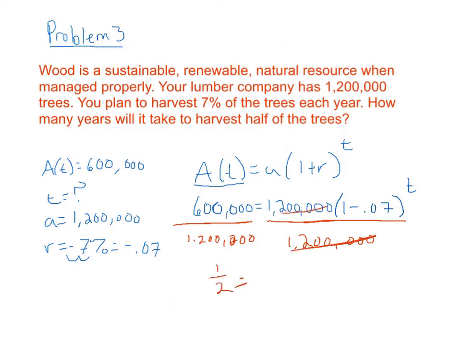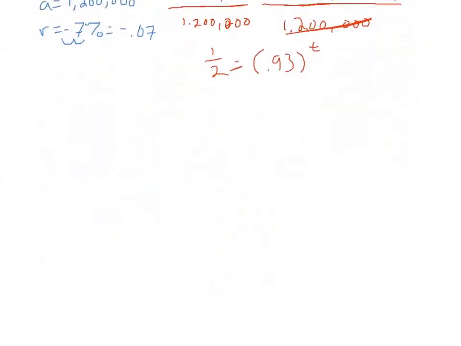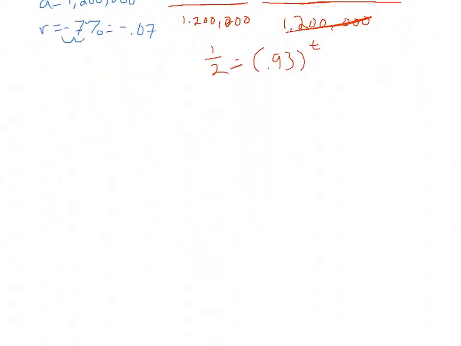These will reduce. And then I'm also going to simplify what's in the parentheses. So 1 minus 0.07 will give me 0.93 to the power of t. Now, I just have a simple exponential equation.